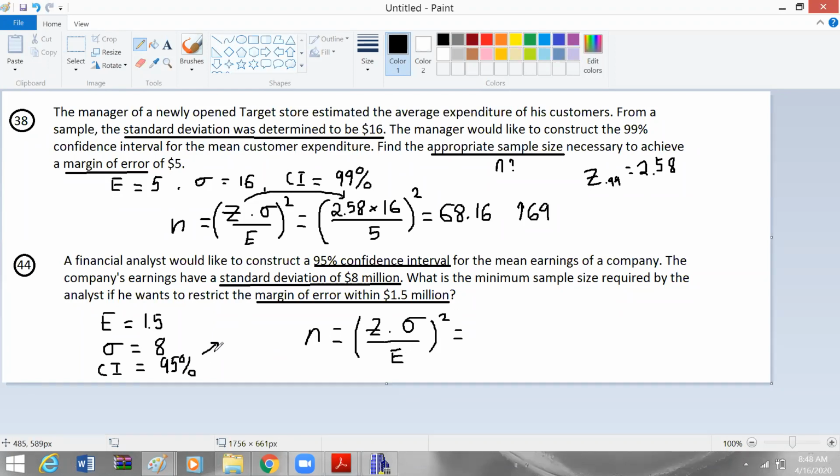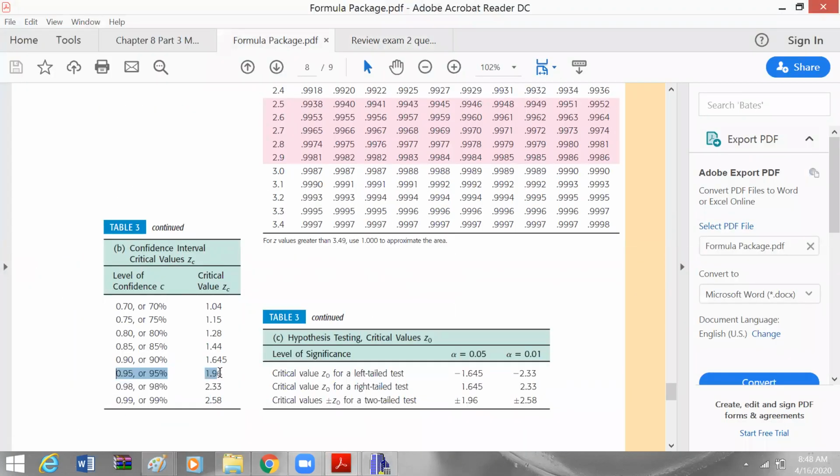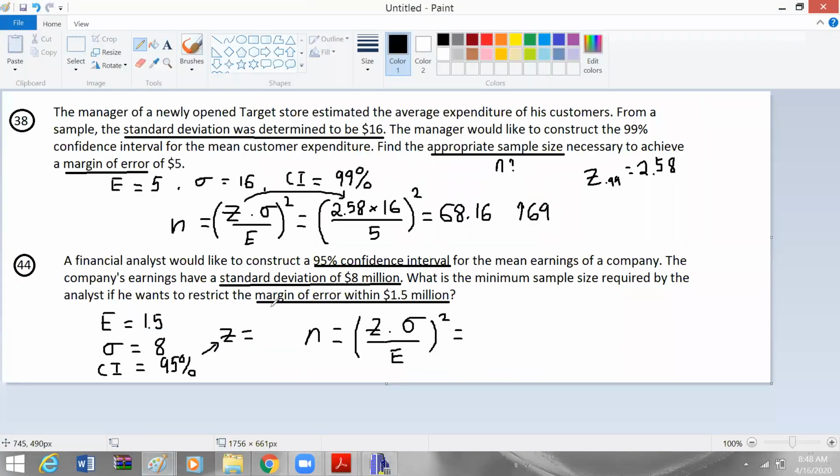We can check it on the table of the package. 95% is 1.96, so we can literally check that right here. 95% on table number 3B, that'd be 1.96. I'm going to use this number, 1.96. Okay, this is really important. And then we're going to take 1.96.